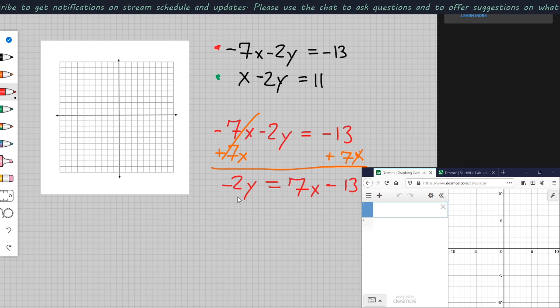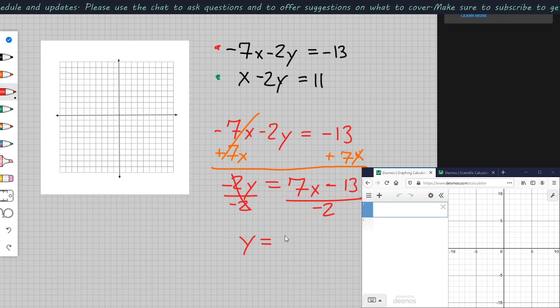Now we're going to divide by negative 2 on both sides to isolate y. This cancels, and I am left with y equals negative 7/2 x plus 13/2. So this is going to be a tricky one to plot, but I think we're going to be okay. So I am going to erase this portion.